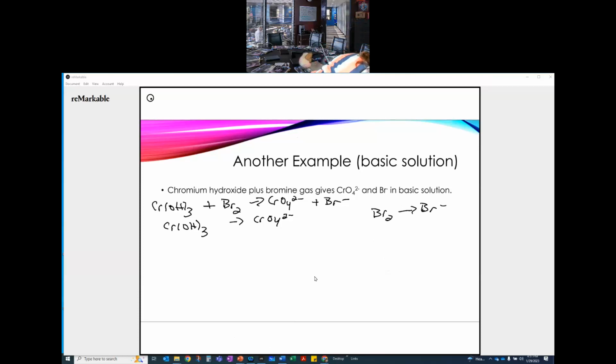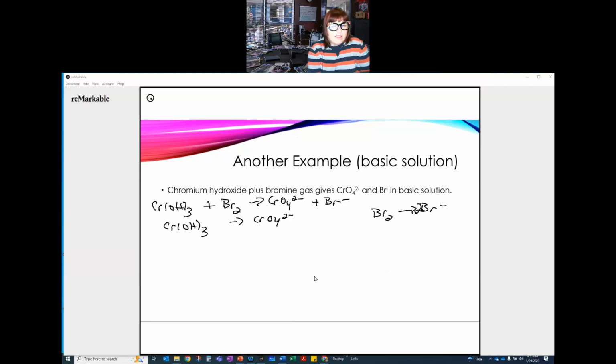My first check is to see where there are chromiums and bromines on both sides, and I do. I have one chromium on the reactant and product side, but I don't have the same number of bromines. I have 2 bromines as a reactant, Br2, but I only have 1 Br minus, so I'm going to need to multiply that by 2.